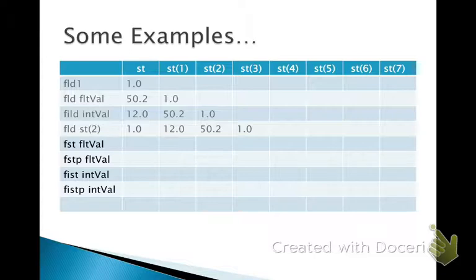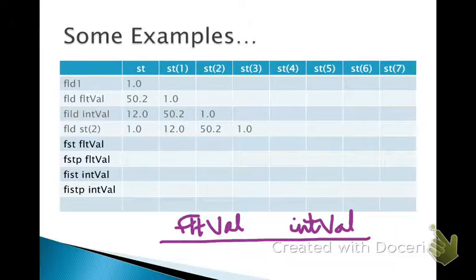Okay? All right, a few more instructions, and I'll use different values. We'll assume these values. Here are our values from the last time, but now I want to take the stack top and store it in several different places.